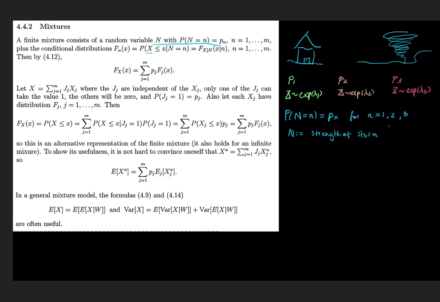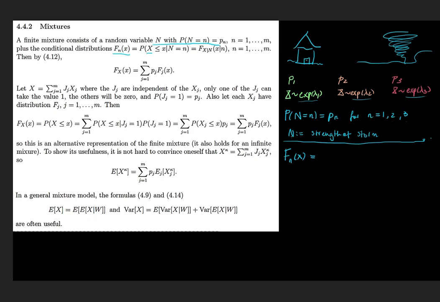And that value can be either 1 or 2 or 3, as given in the exercise. And what we then have is that the conditional distributions Fn of x are the distribution functions that belong to the different exponential distributions, right?